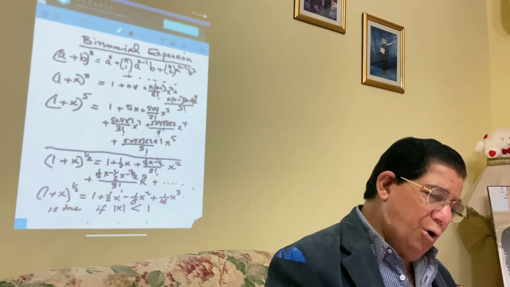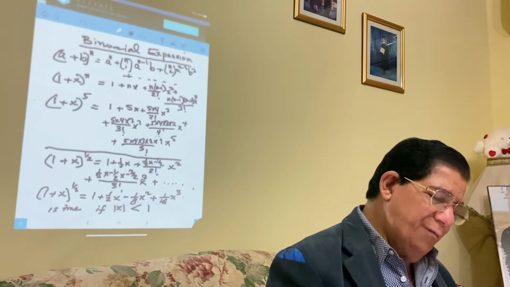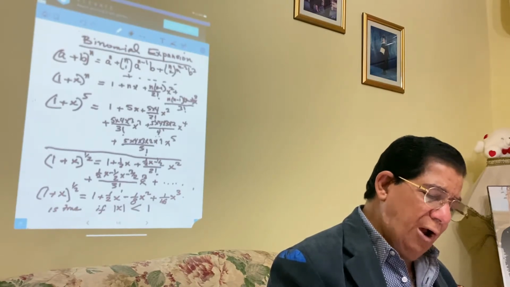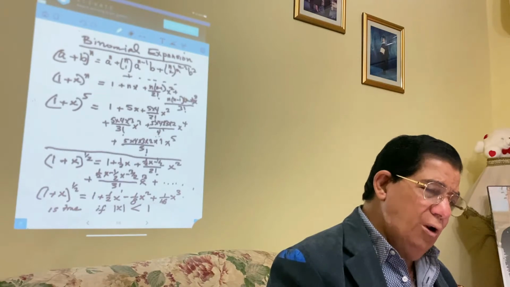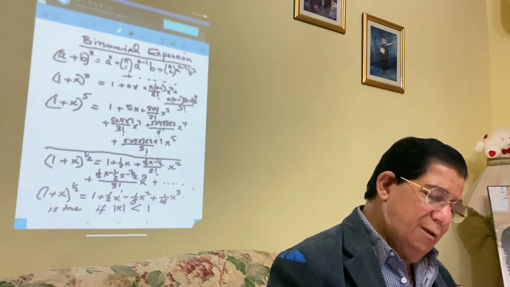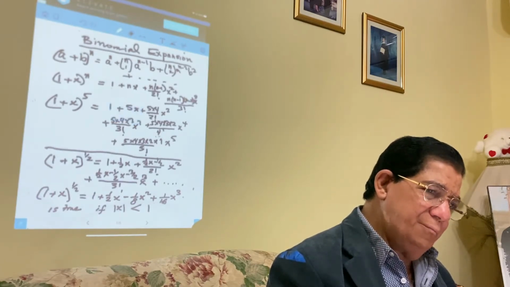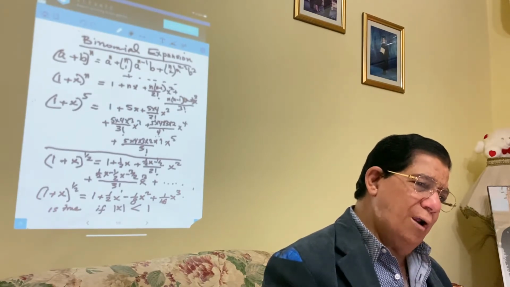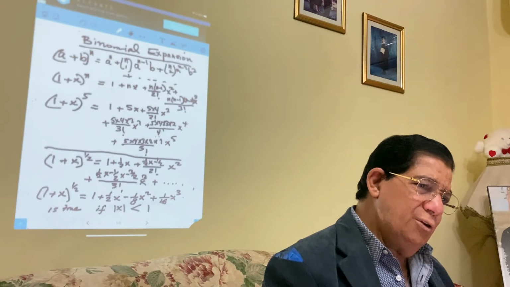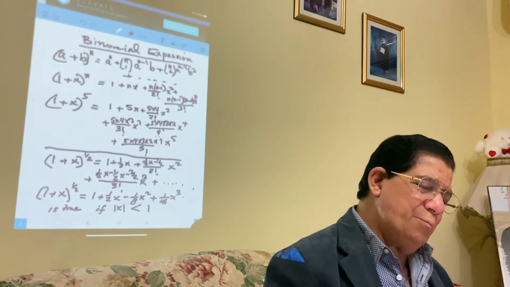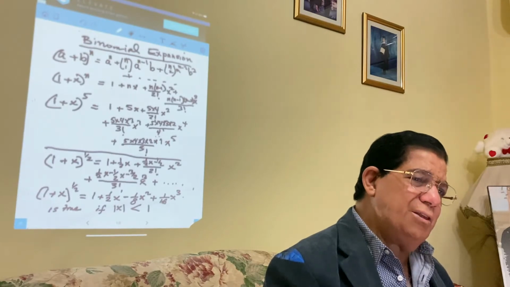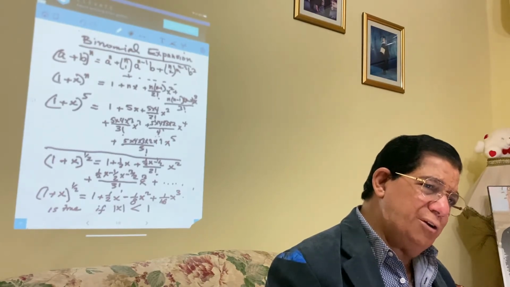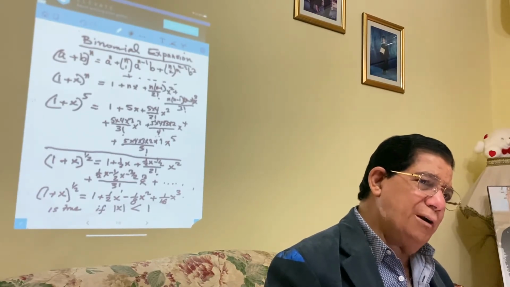All our problems in the A level will be of this kind. All our problems will be how to expand 1 plus x or 1 plus 2x or 1 plus something in terms of x to a power, where that power is either a fraction or negative.